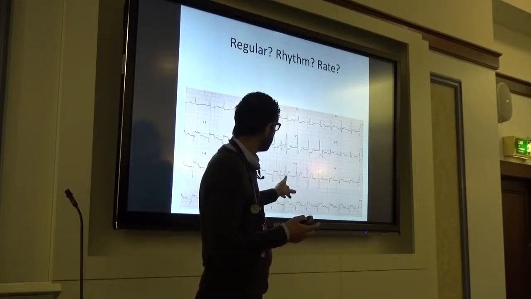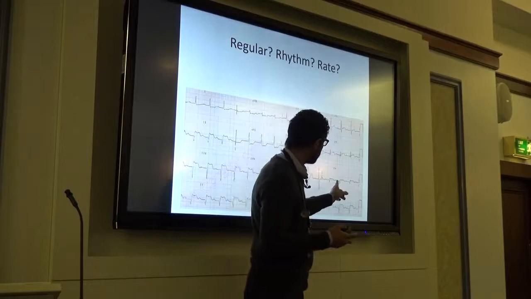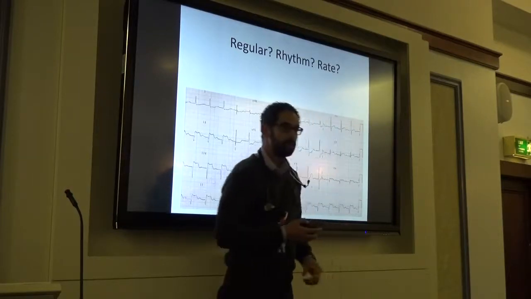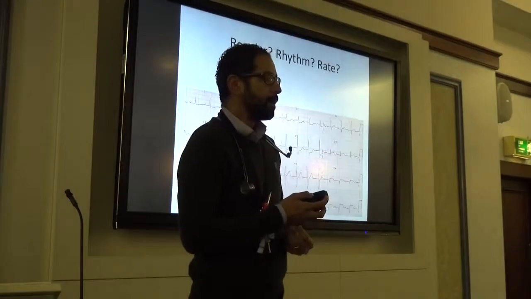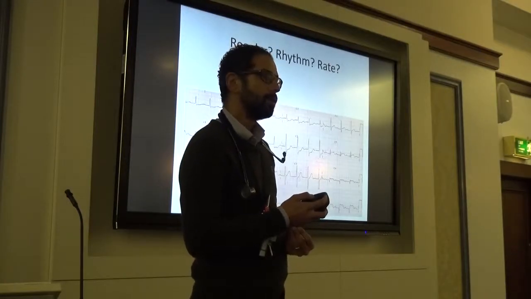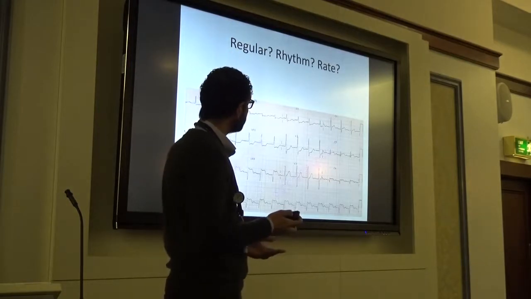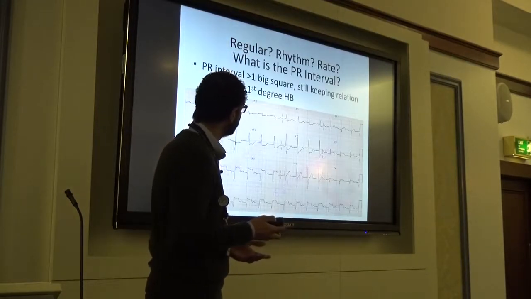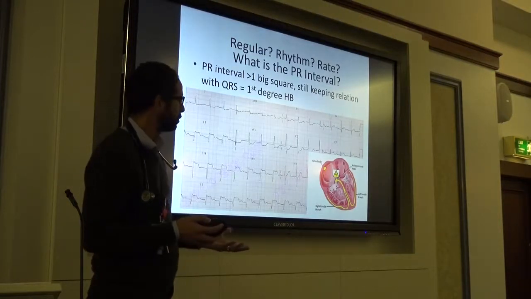So P, QRS. Then I can't see it here. I can see it here. So that's P, QRS, yeah? What's happening with this PR interval? Prolonged. Very prolonged, yeah. So PR interval is more than one big square. It's first degree heart block, okay?